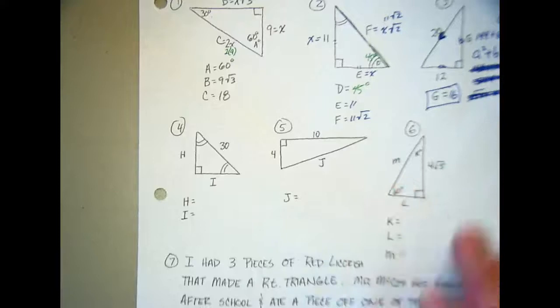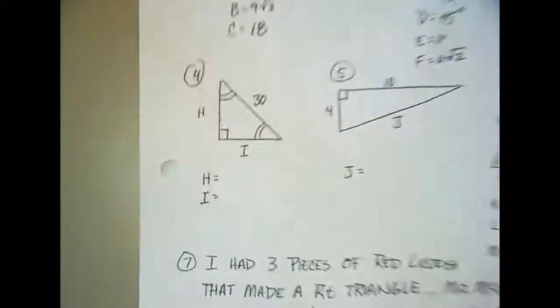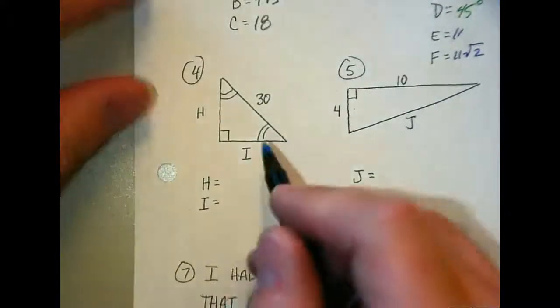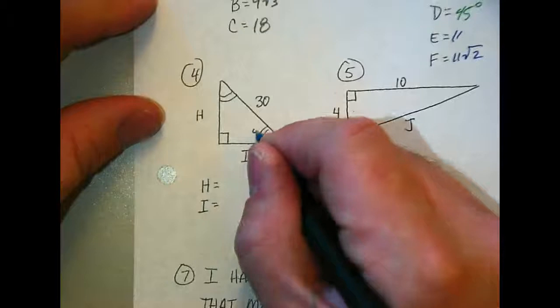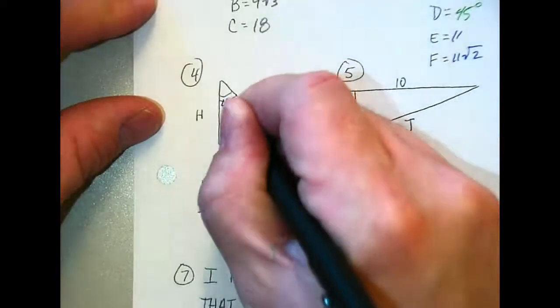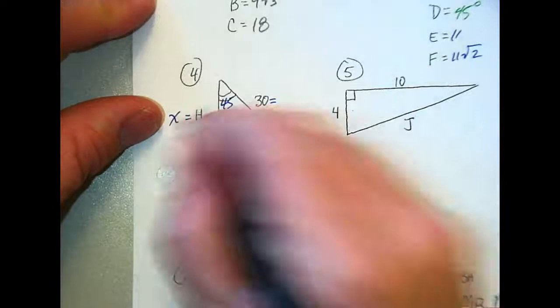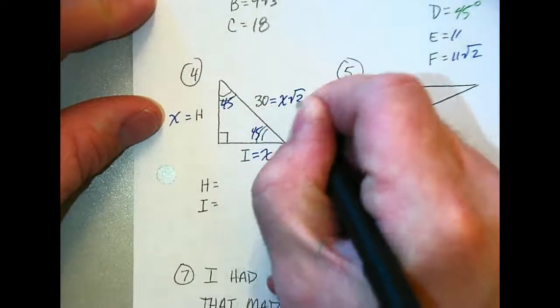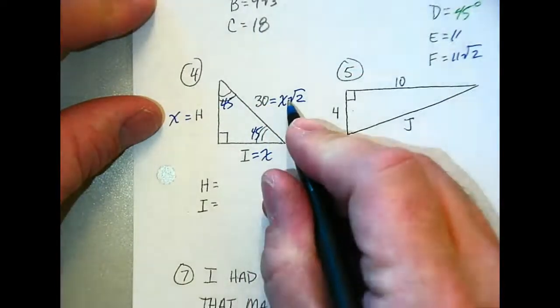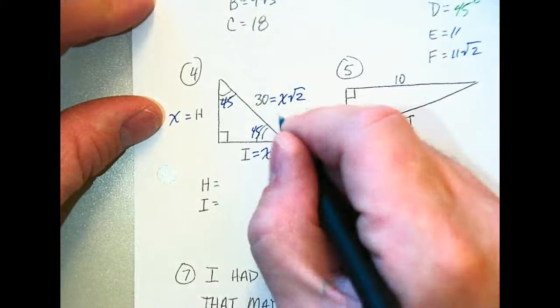Okay. Is 4 special? Yes. Okay, these markings mean these are congruent. H and I, if this is x and this is x root 2, which means in this case, hopefully we know the pattern now.